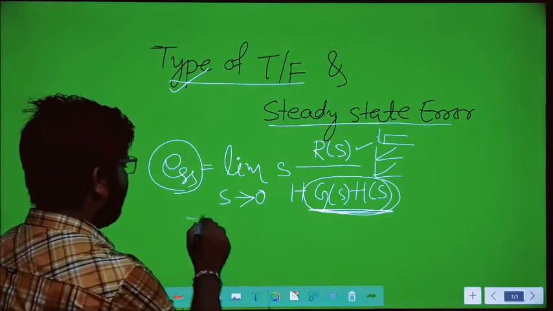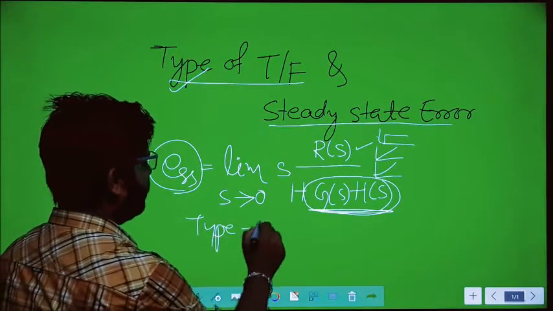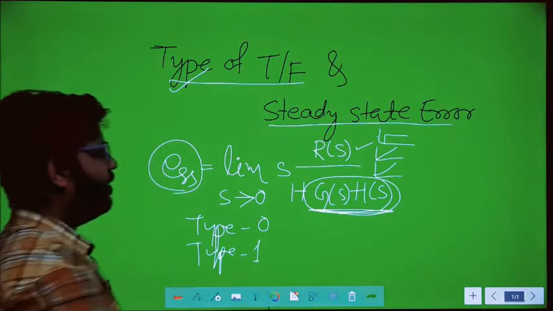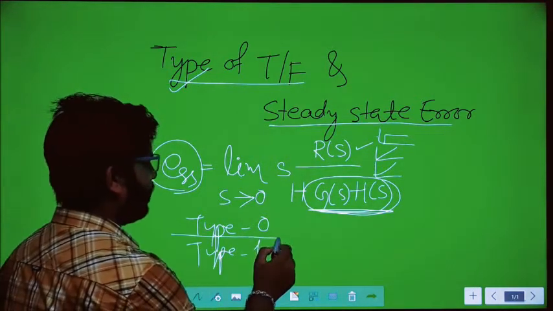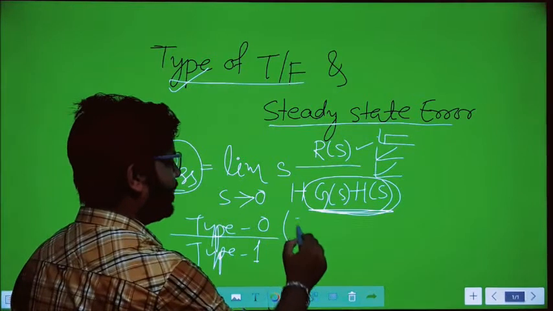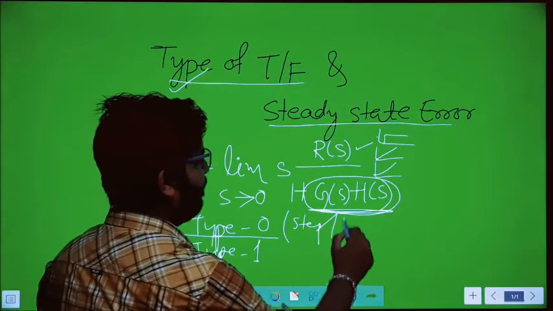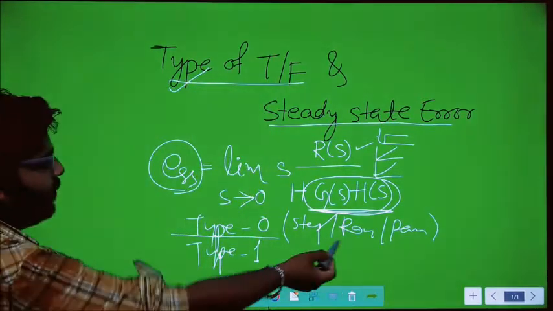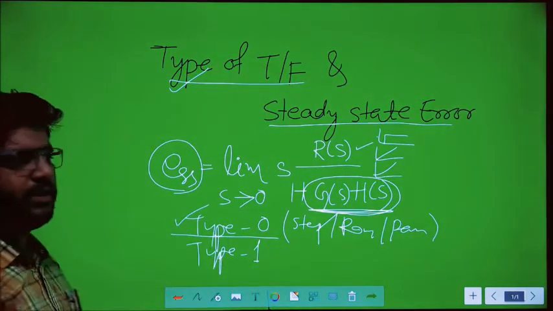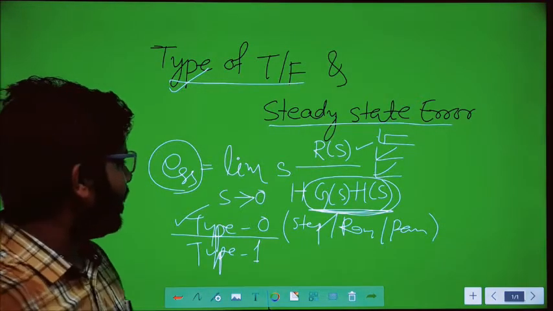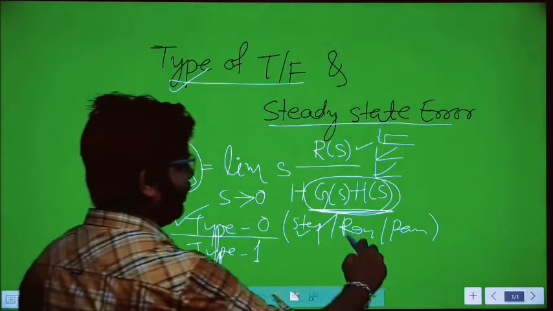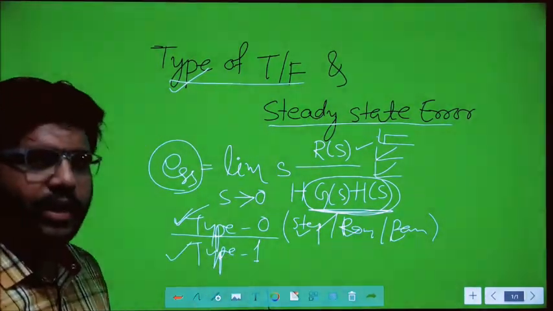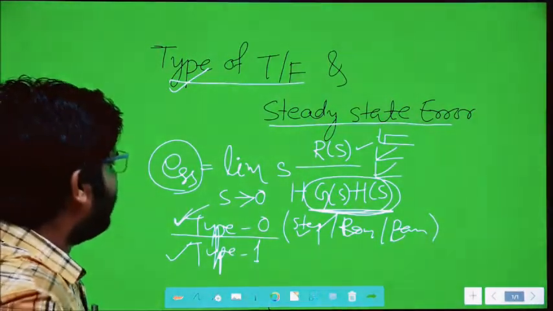Let's say I am having a type 0 transfer function or a type 1 transfer function. If I give input as step or ramp or parabola, any of the three inputs can be applied to a type 0 system. We need to study which type of system will give what output. That is the more important thing.